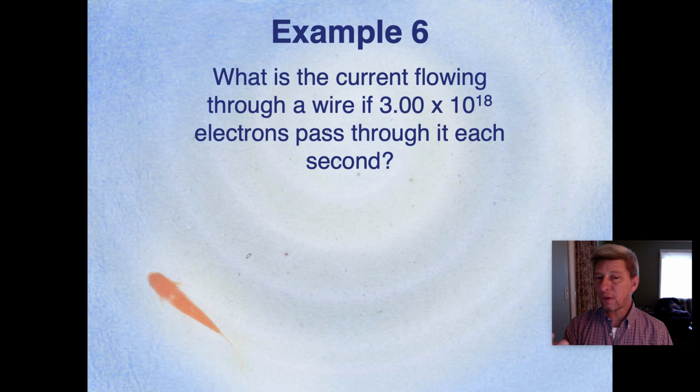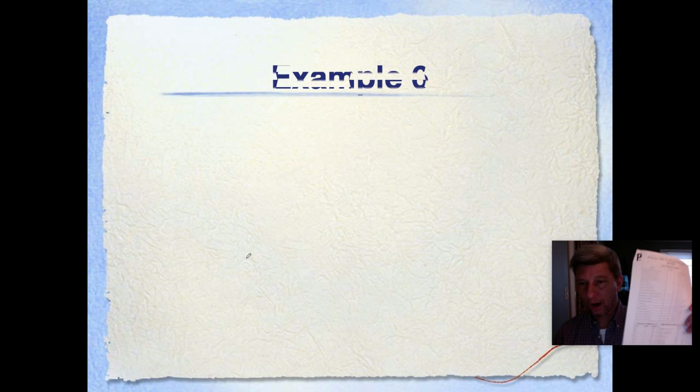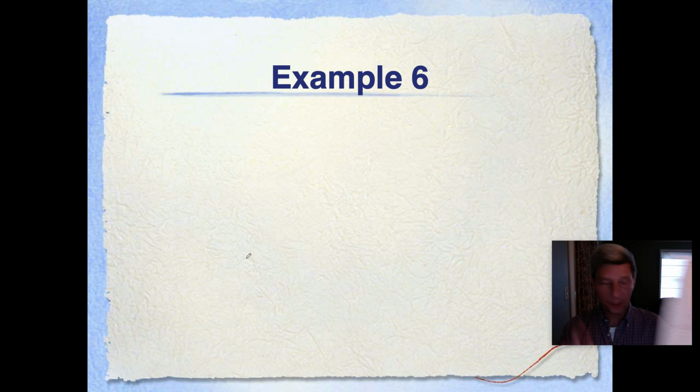We know the number of electrons and we know the time. We'll assume the time is 1 second. But there's no charge here. So what's the key? Once again, we're going to turn to our handy dandy reference tables, because on the front page of the reference tables, there is what we call one elementary charge. And that is the charge on one electron.